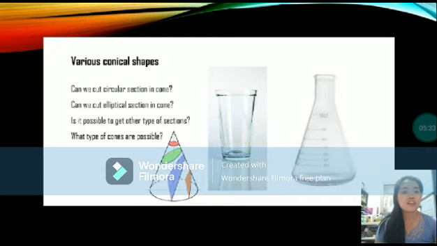And we have the purple one, you have the parabola, and the orange one, you have the hyperbola. There's also another section being cut, if that's downward, there's another one going upward.